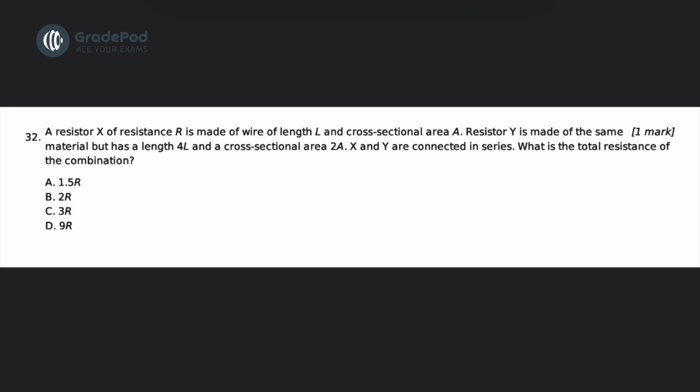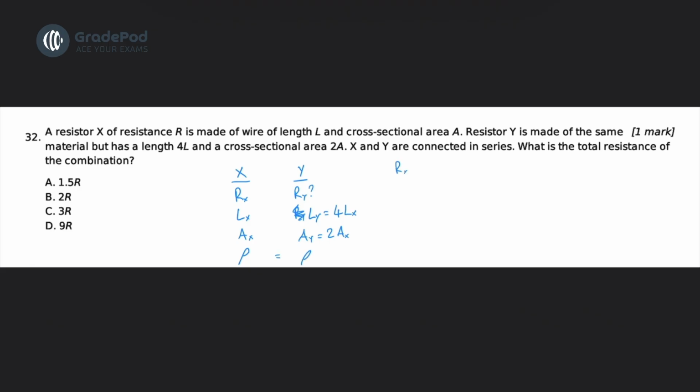A resistor X of resistance R is made of length L and cross-sectional area A. So let's just write all this down. Resistor X, length Lx, area Ax, and it's got the same material, which means the resistivity is the same as Y. Y is a different resistor, and we don't know what the resistance of that is, but we know the length of Y is equal to 4 times the length of X. We know the area of Y is equal to 2 times the area of X, and the resistivity is the same because it's the same material.